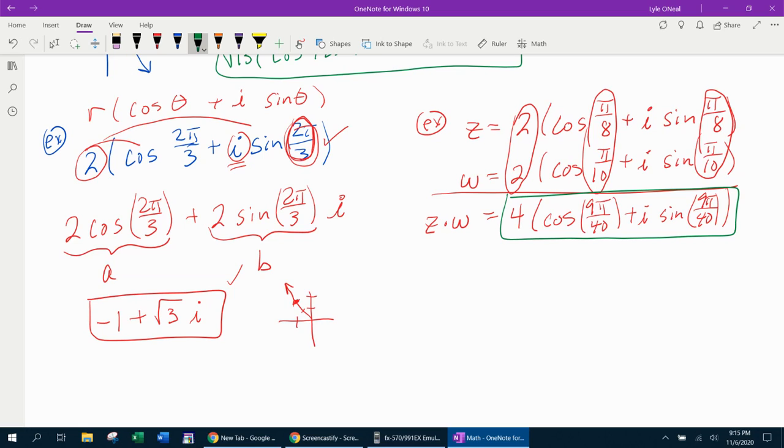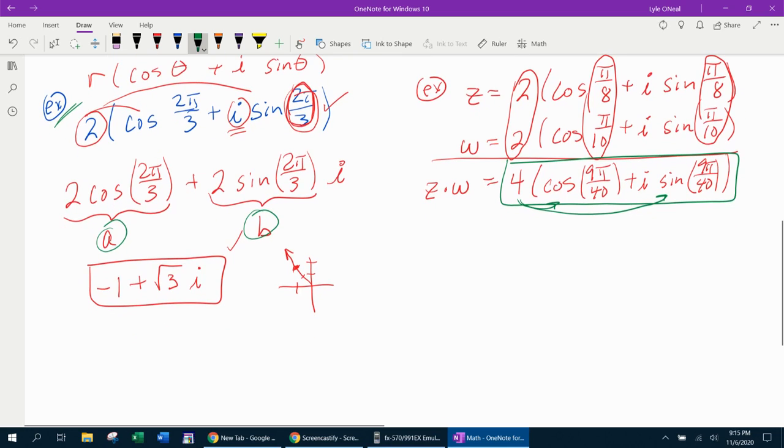If they would have said convert to rectangular form, that would be super easy also. You would just distribute the 4 like we did in the previous example, and then grab your calculator and calculate your value of A and B, just like we did before. So you do want to make sure you read the instructions and give the answer in the form requested.